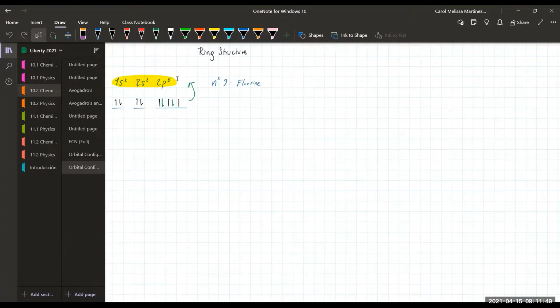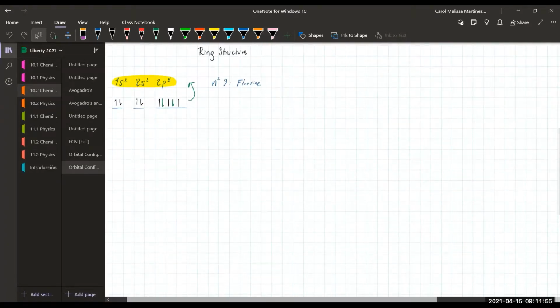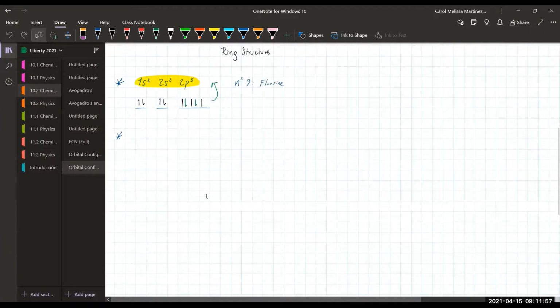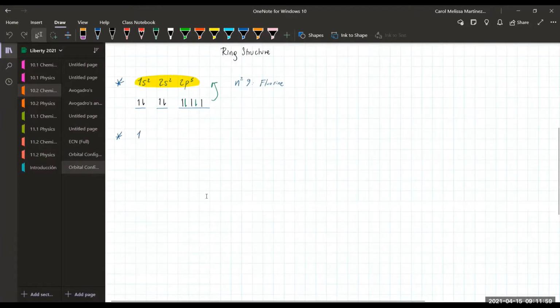Now let's try another one. These are just random examples, okay? I'm not working with any specific element. These are just random examples for you to get used to it. So let's say 1s2, 2s2, 2p6, 3s2, 3p6, okay?